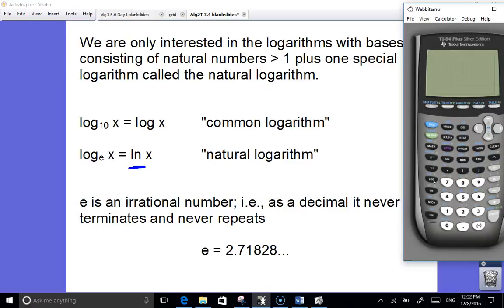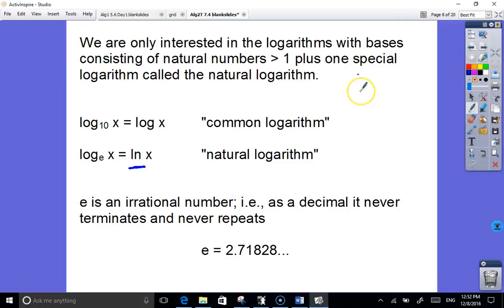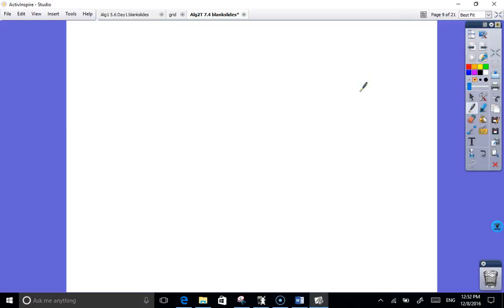When you get into calculus, a lot of what you do is find derivatives. Let me add another slide here. So if I say I have a function f of x equals x squared, then the derivative of f of x is 2x.